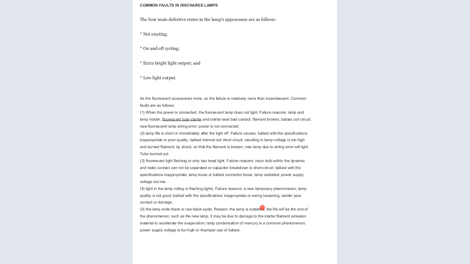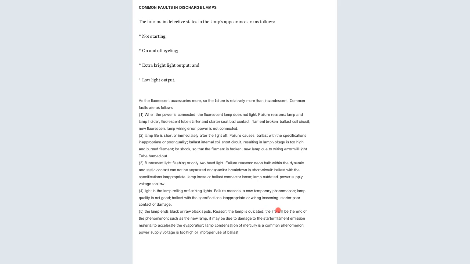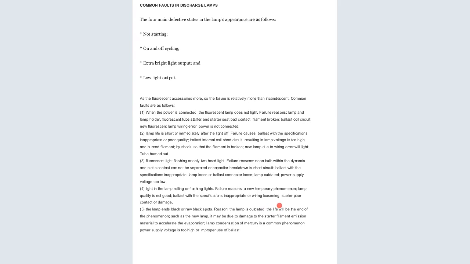The new lamp, due to a wiring error, will light and the tube turns out to be a fluorescent lamp flashing or with only two headlights. The failure reason is that the neon bulb's dynamic or static contact cannot be separated, or the capacitor breaks down in short circuit, or the ballast specification is inappropriate.